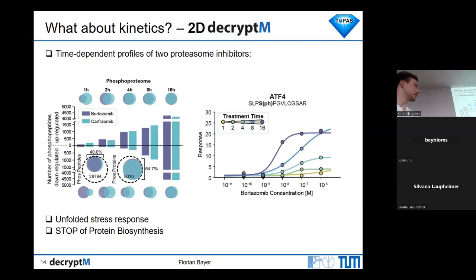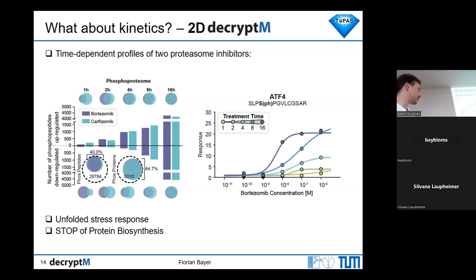proteasome stress. In particular, if you look at ATF4, for instance, that's the key transcription factor that starts the proteasome stress response when you have lots of unfolded proteins and the cell tries to rescue this. But of course, it's a hard job if your proteasomes are all inhibited. And why did the proteins not change over time?